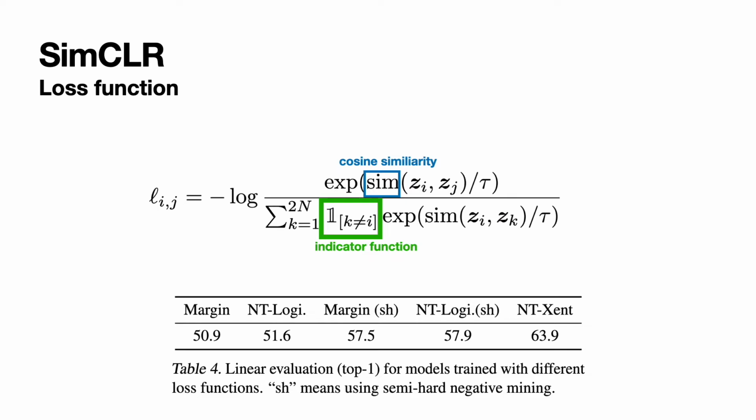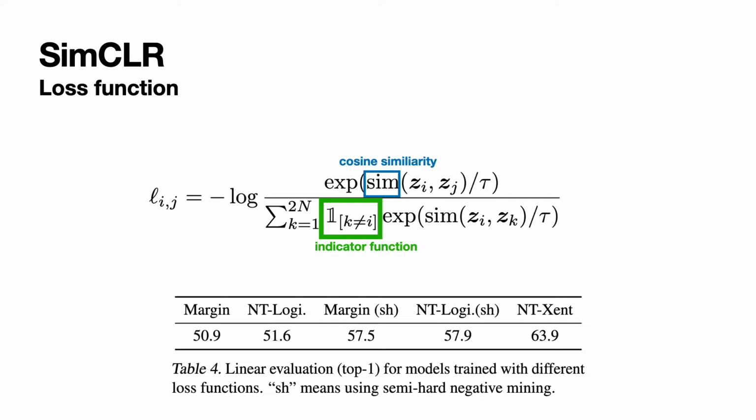So the denominator is the sum of similarity of negative samples, and the numerator is the similarity of the positive sample. As a result, the similarity of the positive samples becomes bigger, and the similarity of the negative samples becomes smaller. And this loss function can even express how different the negative samples are.